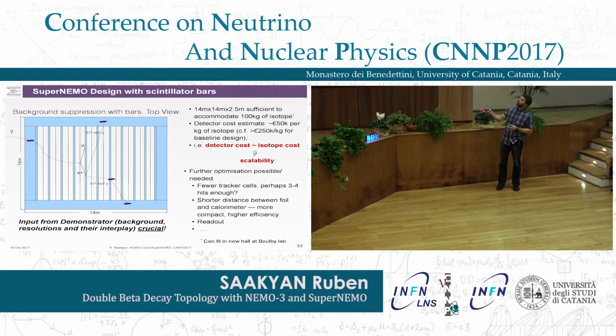To put it into perspective, this is roughly the cost of the baseline design, the demonstrator, right? When normalized to the cost of the isotope, this is the metric we chose: the detector cost should not exceed the isotope cost.